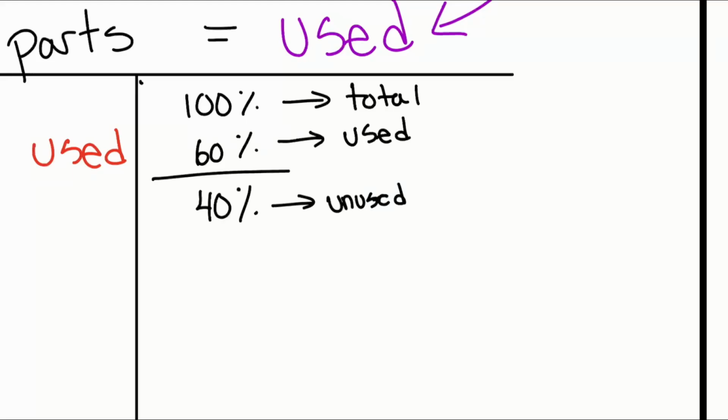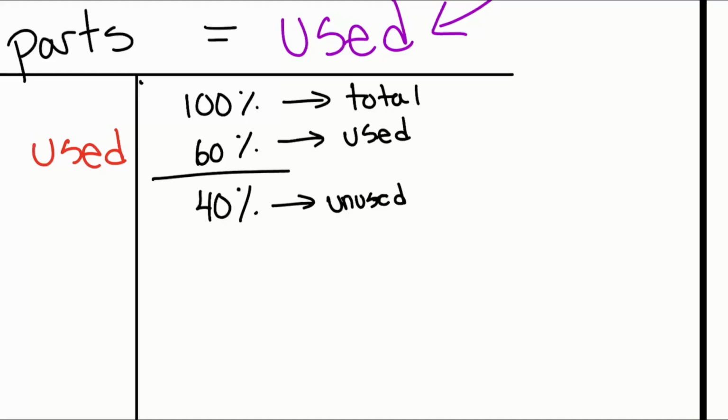And guess what, everybody? We're going to use our knowledge here. The percent that you apply is the result that you get. If I apply 40%, it represents unused. The result that I'll get is the amount that was unused. That's how we have to think about it, everybody.